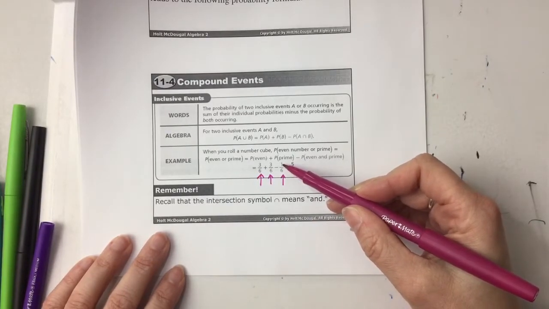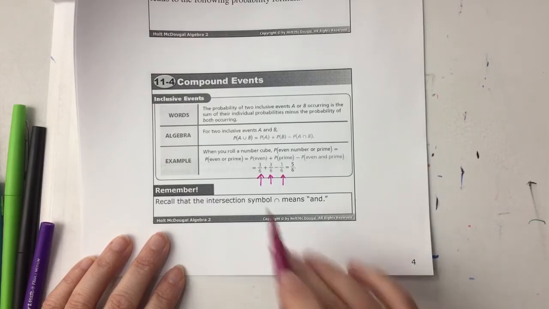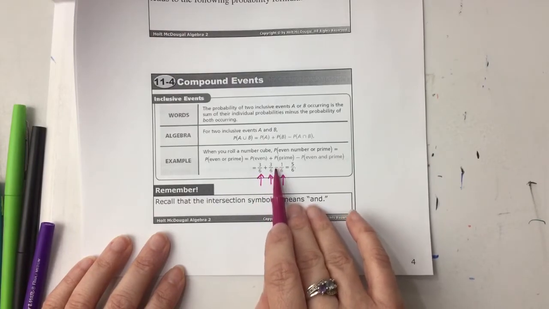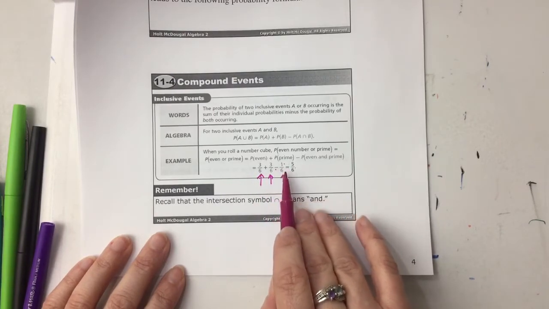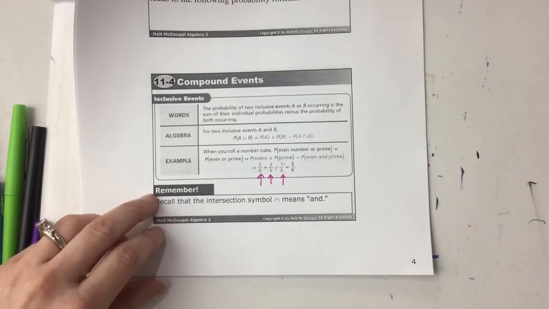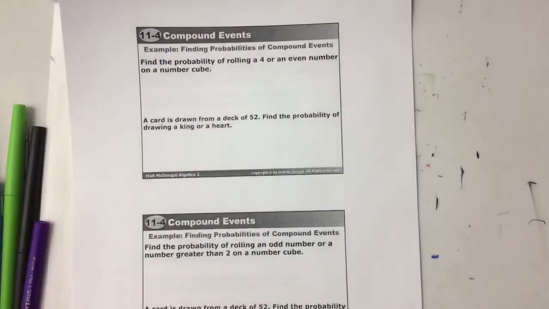We had an overlap of 1 value, so you have to minus 1/6 because 2 was actually counted 2 times, and you can only count the 2 once. So it's the probability of even, the probability of prime. There was an overlap of 1 number, so minus 1/6 to get your probability. So you still add the 2 minus how many items were overlapped.